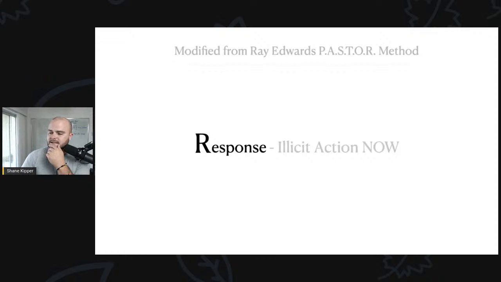And then R is for response. So we're eliciting an action right now, and that goes into creating urgency, but also making it clear on what they're going to get and how they're going to get it and what to expect, and clear on how to take action. Maybe some of the things like, make sure you use the right email address, or click the button on the next page.